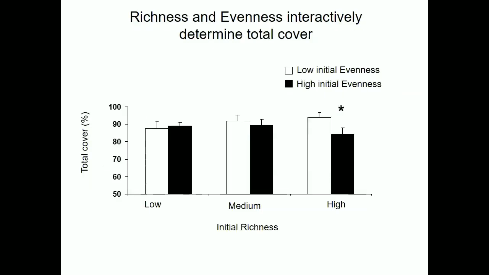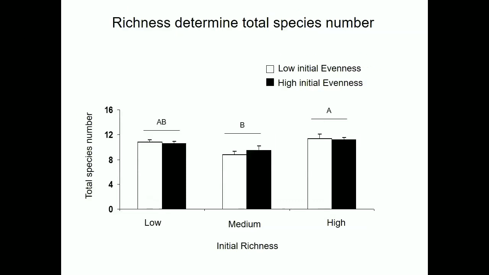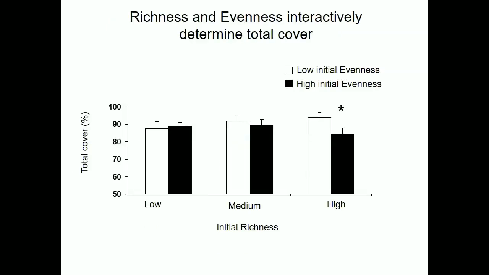And then when we looked at the total cover of all species, total abundance in the communities, we saw a completely different pattern. There was an interaction between richness and evenness, but it turns out the abundance of the whole community, you get the highest cover, the highest abundance when richness is high, but evenness is low.